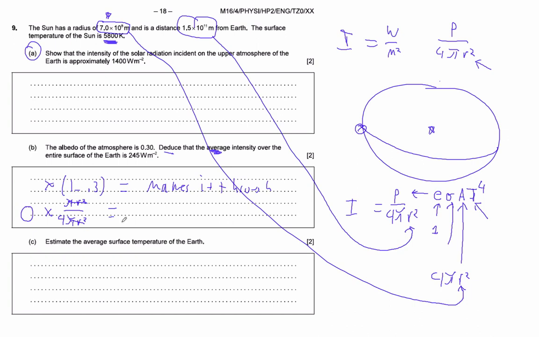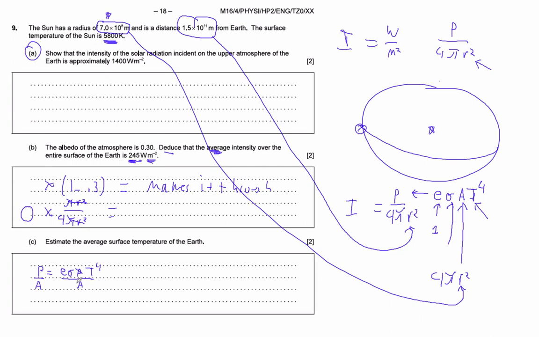Well, you're going to get some answer here, that it's 245 watts per square meter. That's our radiant energy per square meter. So what we can do is we know the power radiated by the Earth is E, and we'll use 1 again for E, sigma, area, times temperature to the fourth. But notice that that's watts per square meter, so if you do power per area, the area cancels out.